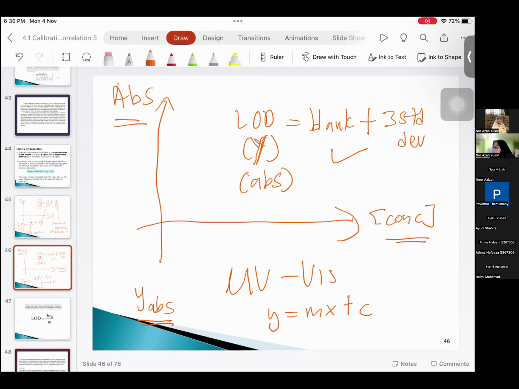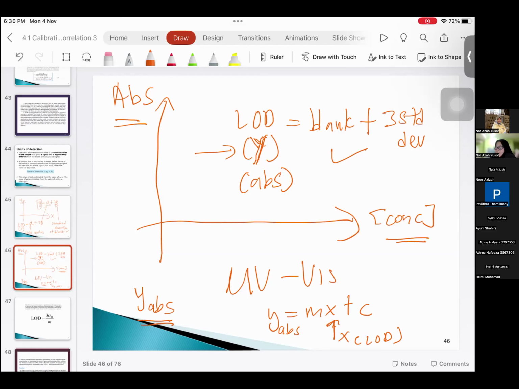So we put in the Y absorbance that we calculated from here, and from there we can calculate the X. So X is what we consider the limit of detection, because we want to know how low a concentration can be detected by that particular method.